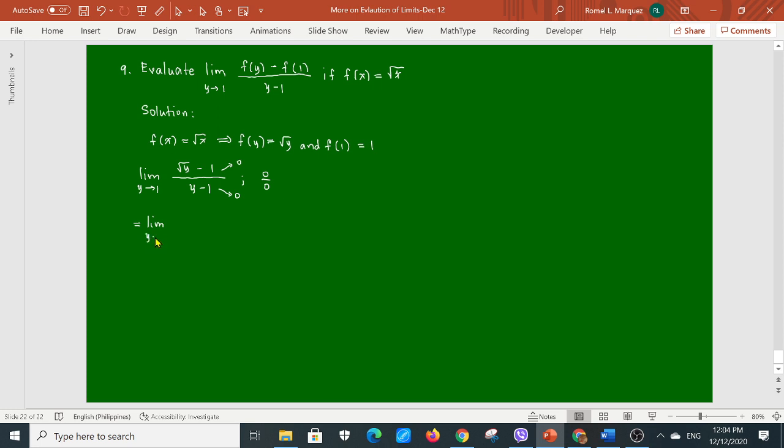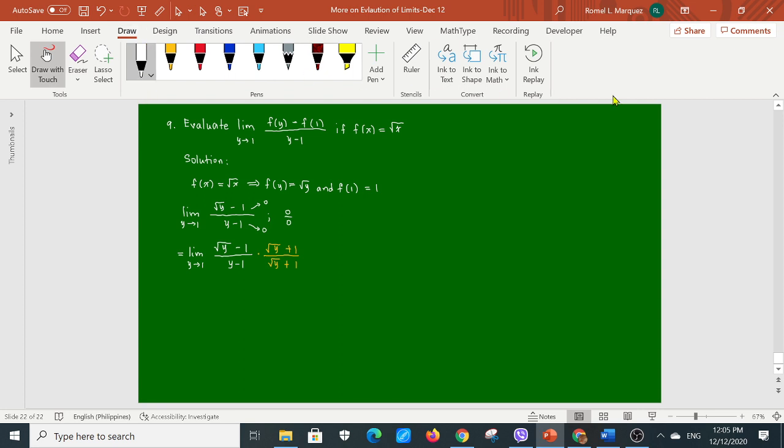We rationalize the numerator by multiplying both the numerator and denominator by the conjugate of the numerator. Okay, guys? So, what is our multiplier? The conjugate of the numerator is square root of y plus 1 all over square root of y plus 1.